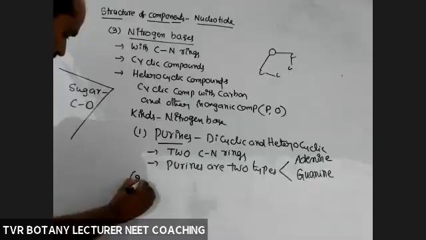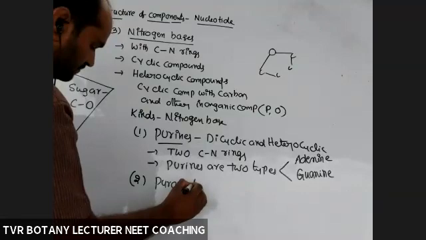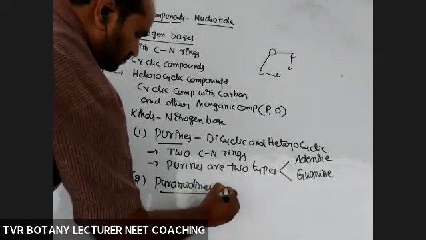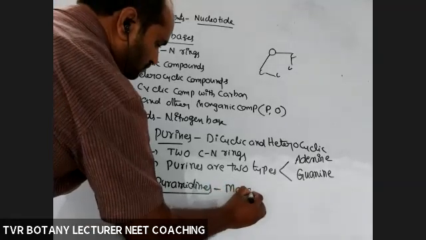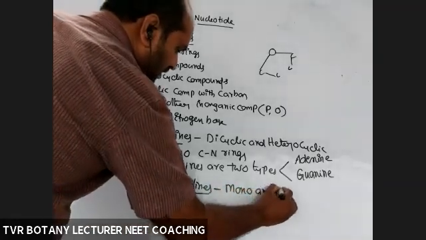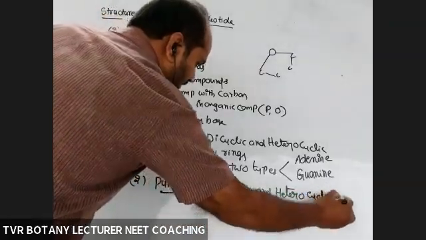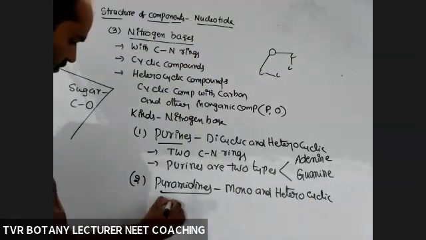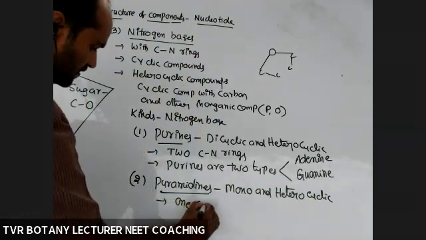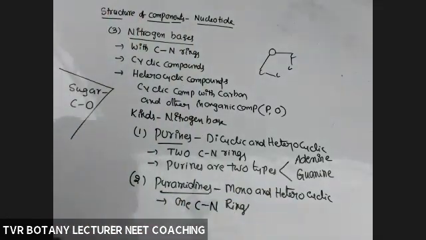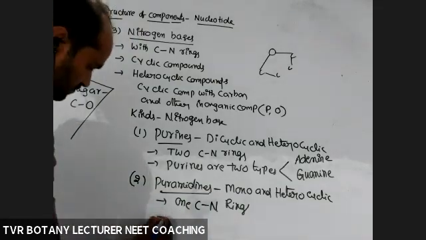And the second one, pyrimidines. Pyrimidines are mono and heterocyclic compounds, with one C-N ring. How many C-N rings? Only one. Next, types.